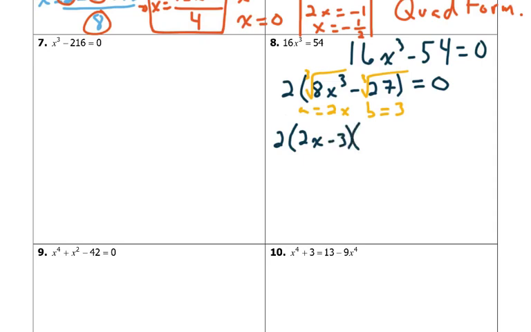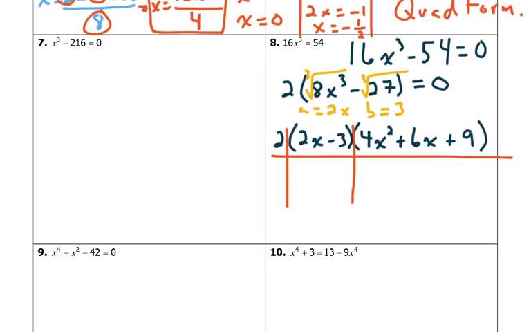Parentheses, we have a squared, so 4x squared, plus 6x, a times b, and then plus b squared, which is 9. Now we have our 3 factors. So, boom, 1, 2, and 3.